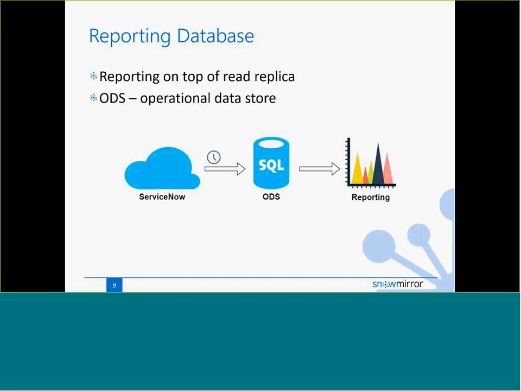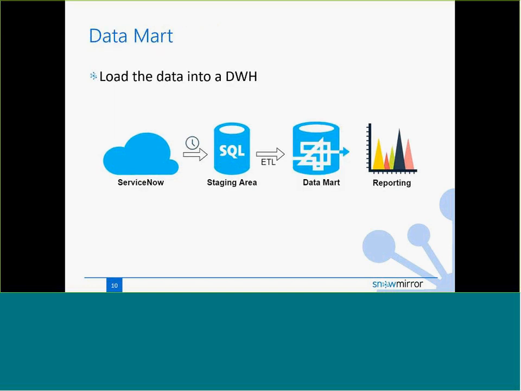In this case, you then have the ServiceNow data model. You work with tables such as incident and sys_user. You join those tables and build your report. So this is one of the ways how to do it without actually impacting ServiceNow, without waiting for all the data to load. This is a very popular approach.